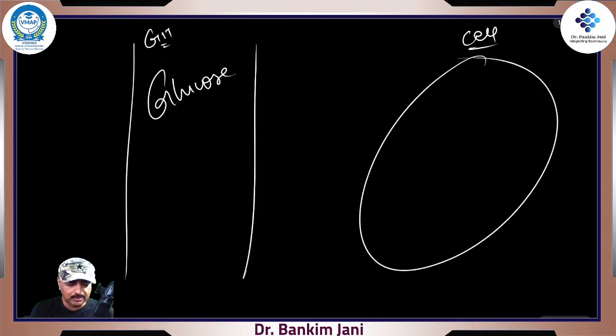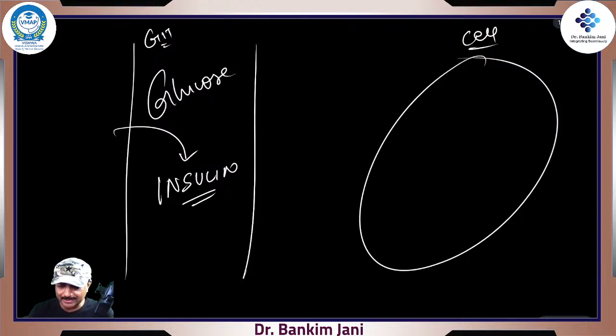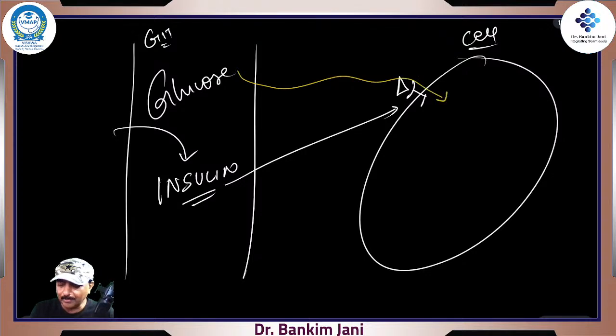The moment glucose is there, boom, insulin comes into the picture. Now we need to give this glucose to cells. Insulin will act on those receptors. Okay, open, glucose is coming, right? So then glucose would really come, and cells would enjoy. This is a normal process.